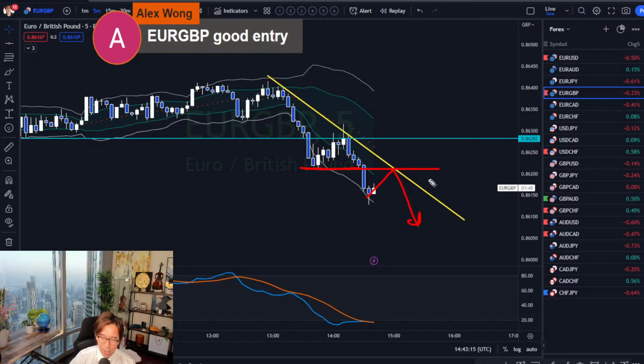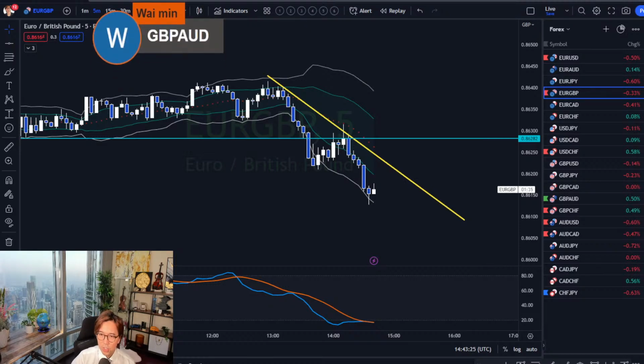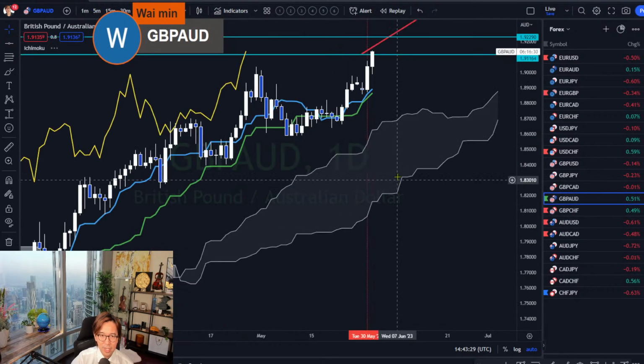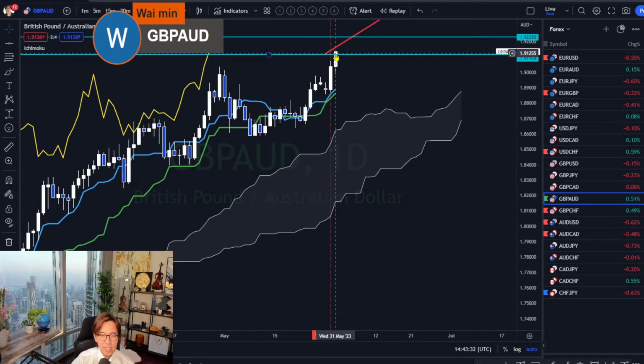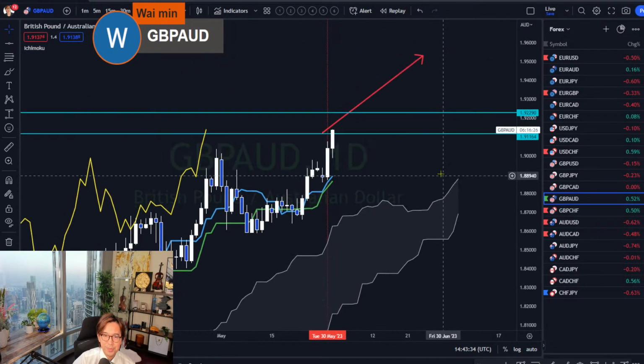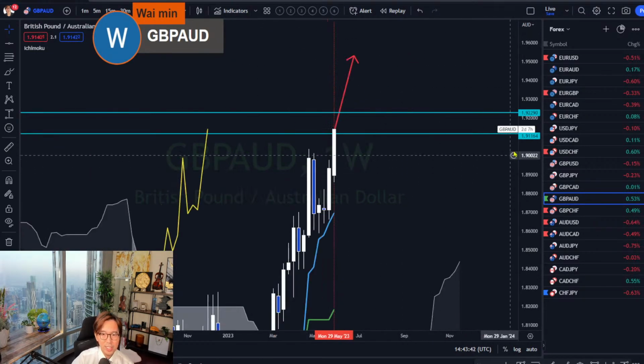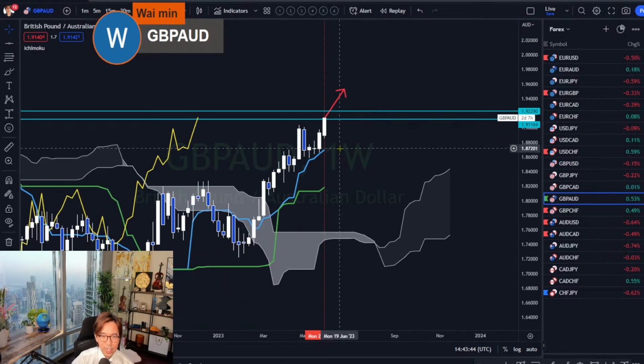Yeah, but it looks like we have lots of markets trending at the same time. So they are all active now. Yeah, Pound AUD also looks very good. Like I mentioned earlier, Pound AUD is also breaking the resistance and it's going up bullish. So this market is also good to trade. Again, weekly chart is also bullish. Weekly chart now, Kumo is showing bullish. Senkou span B is up, A is up.